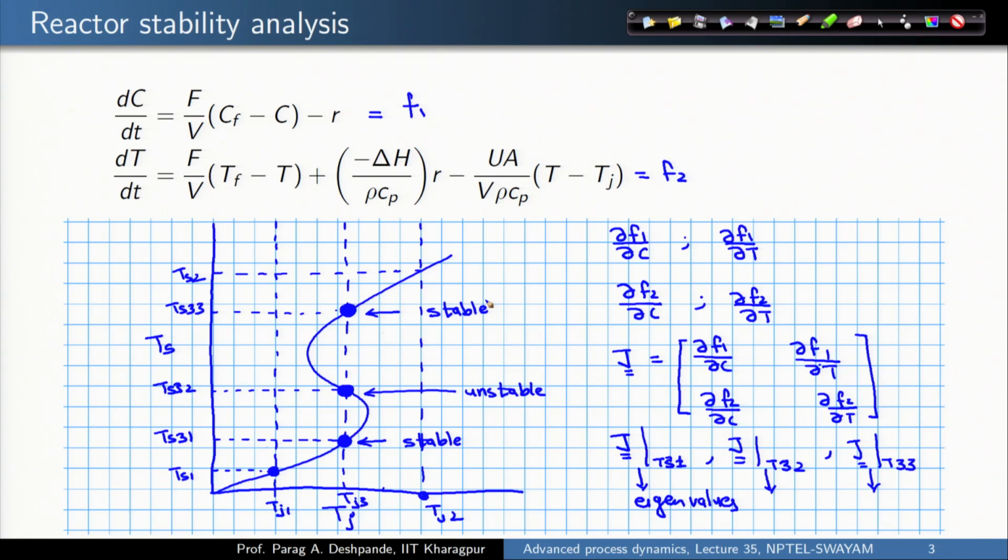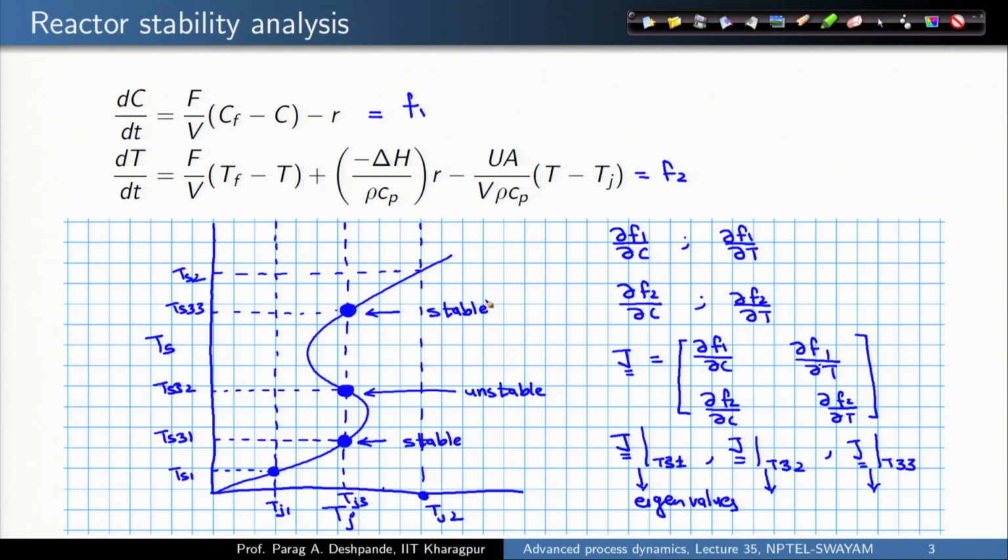Let me repeat what you are going to do. You will take functions f1 and f2. You will do the partial derivatives. You will determine del f1 by del c, del f1 by del T, del f2 by del c, del f2 by del T, from where you will get the Jacobian.